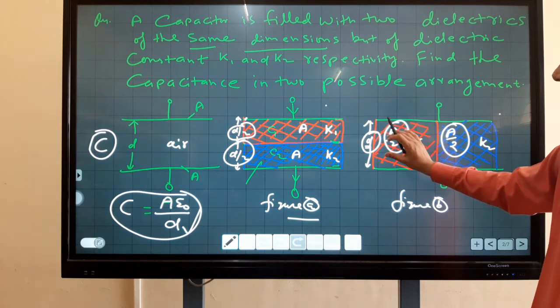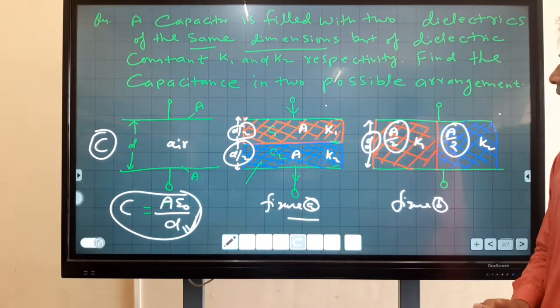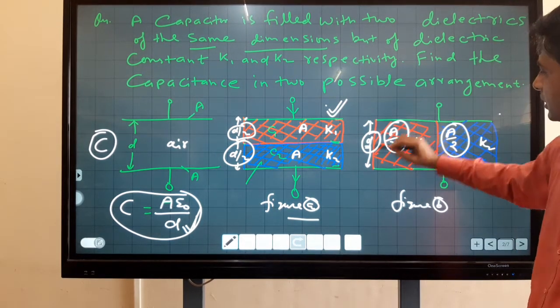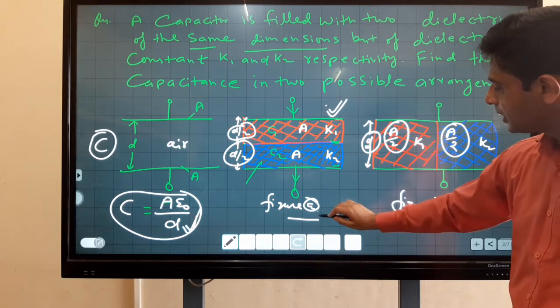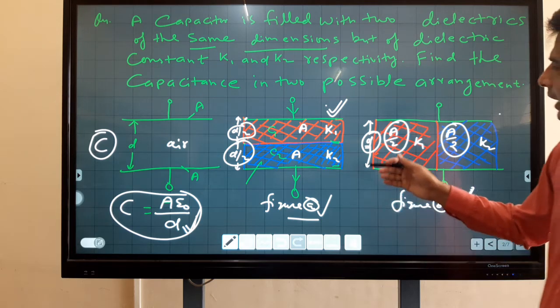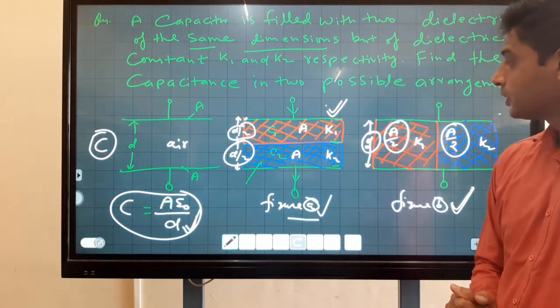So this arrangement is represented by figure A and this by figure B.